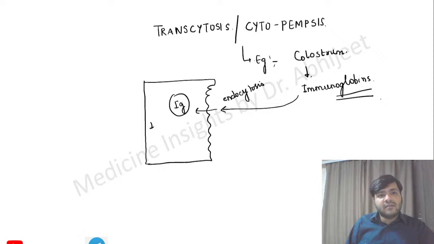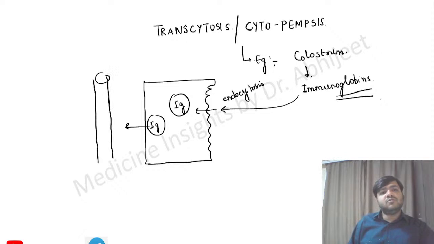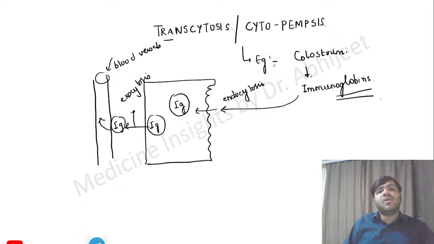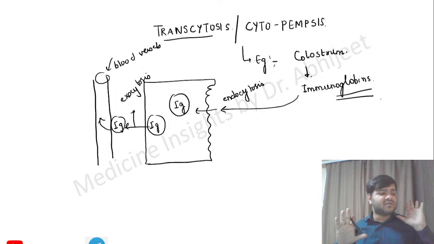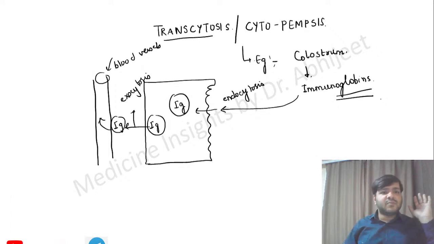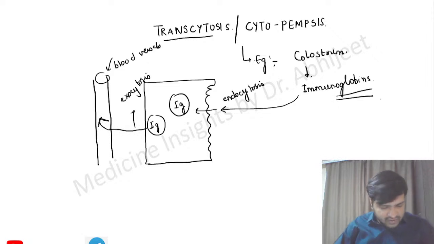From the cell, these immunoglobulins are released into the blood vessel by the process called exocytosis. So that's why it is called transcytosis. It involves both processes, endocytosis and exocytosis.